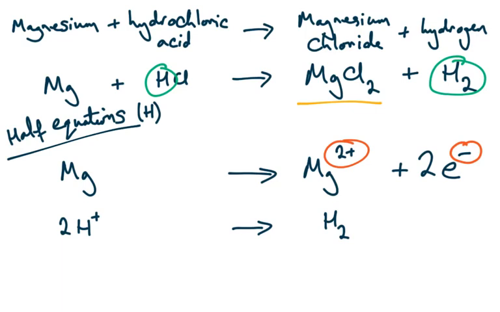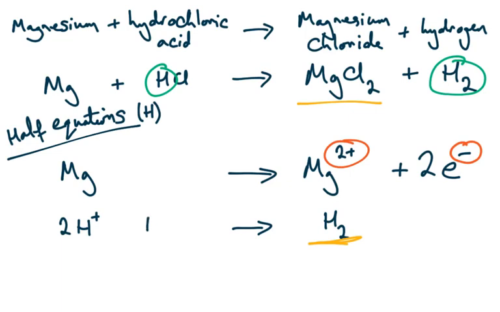Because I've got 2 positives on my left-hand side of the equation, I need to make sure that I've got the correct number of negatives to make sure that I've got neutral charge overall, because on the other side of the equation my hydrogen does not have any charges.